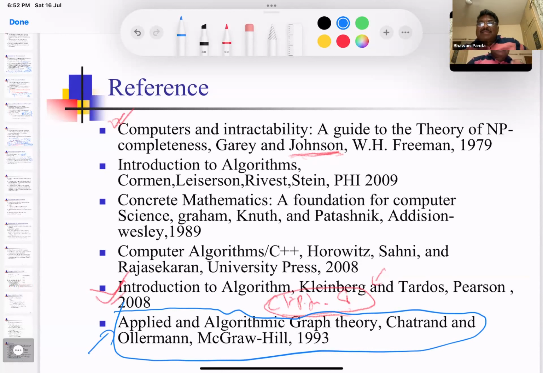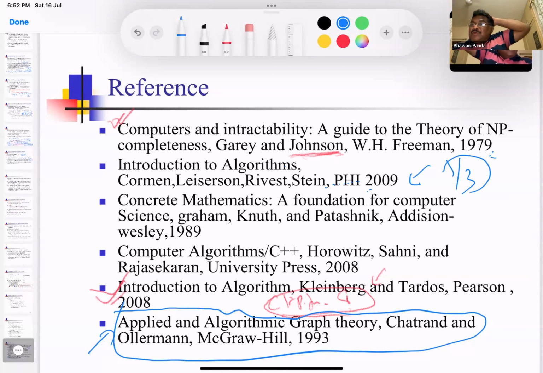For example, Introduction to Algorithms: one third of this book is graph algorithms. It is a 1,200 page book, and around 300-400 pages are graph algorithms only. So one can start with any of these. Here also several original NP complete graph problems are given.